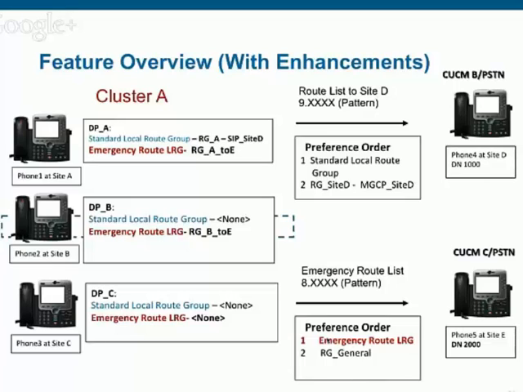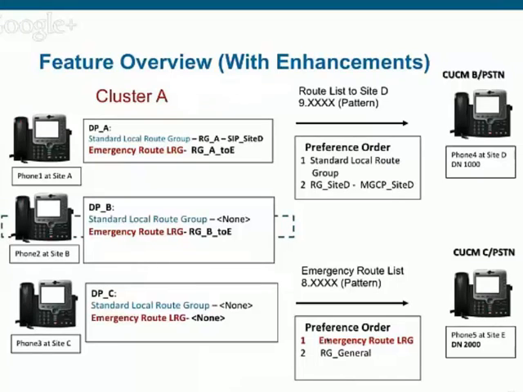So if we go to device pool B and phone B tries to make the call to the A.xxx pattern, it's going to use that RG_B_2E route group. So now we have a single route pattern pointing to a single route list, but at the same time we have achieved local route group functionality for three different sites.